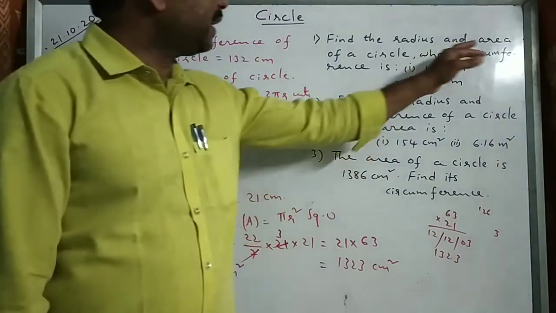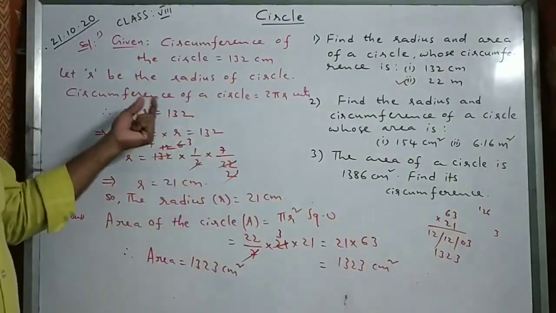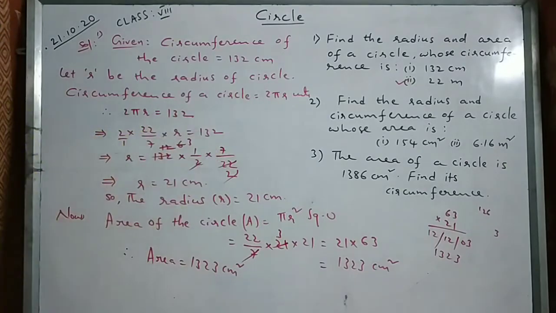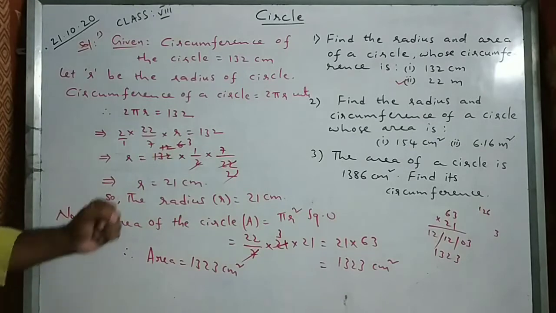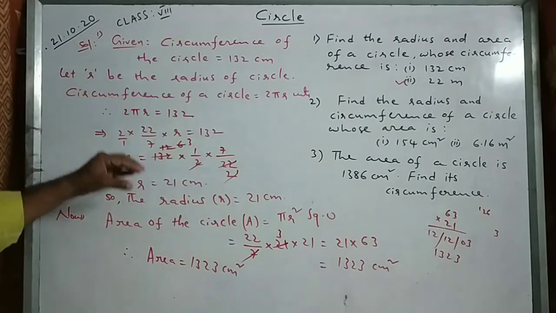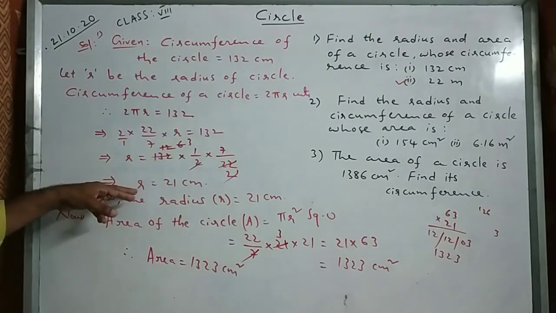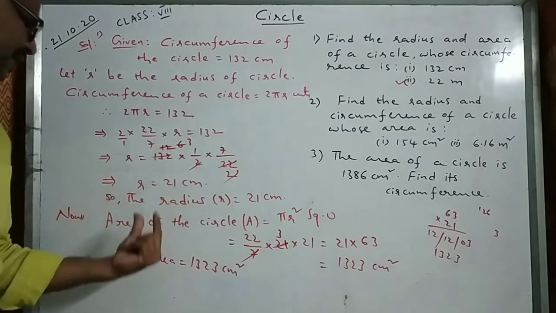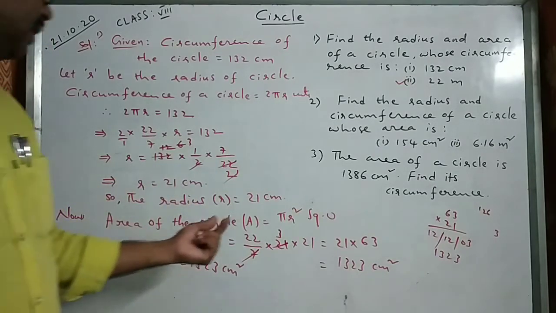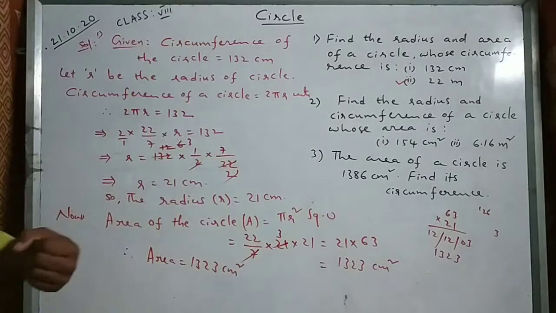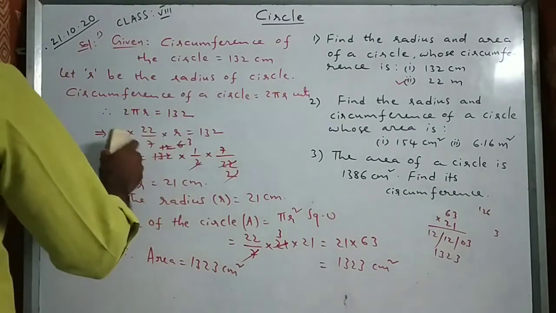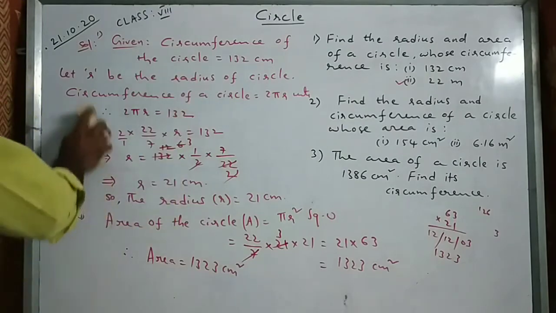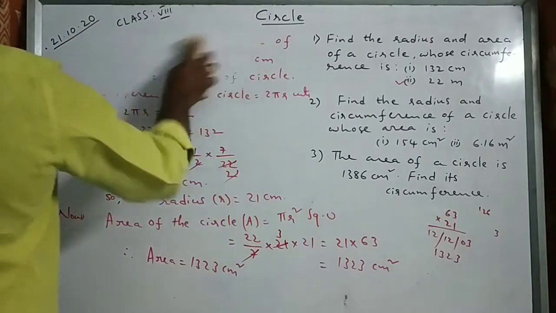So whenever we are given the circumference, what is the formula to find the circumference of the circle? 2 pi r. So 2 pi r equal to 132. From there we can get the radius value. When we have radius, you can find the area of the circle, pi r square. Okay? Second question, you try the second one, 22 meters, same steps, you can get it. Okay? Try it.